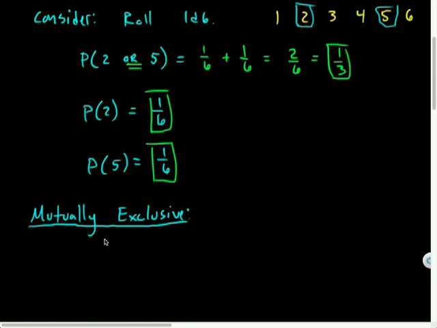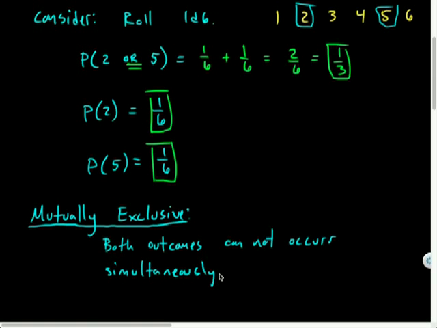And mutually exclusive means that both outcomes cannot occur simultaneously. Simultaneously, there we go.